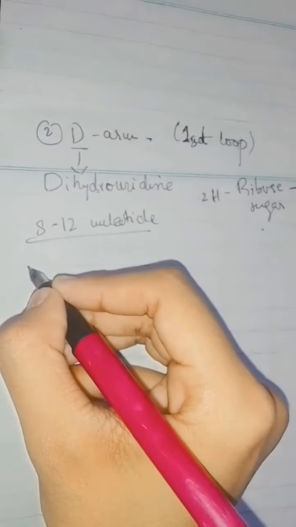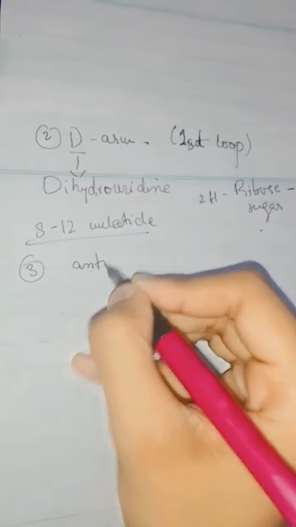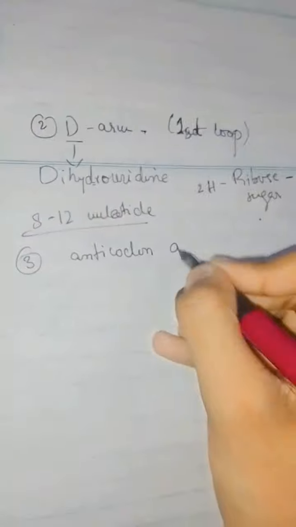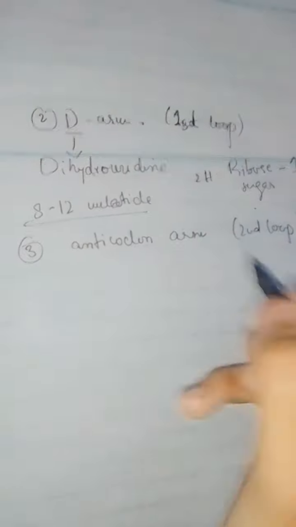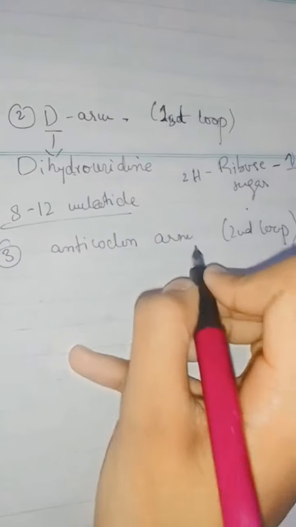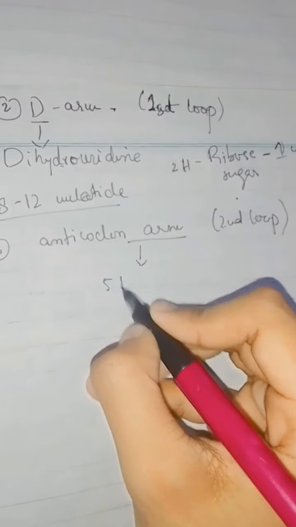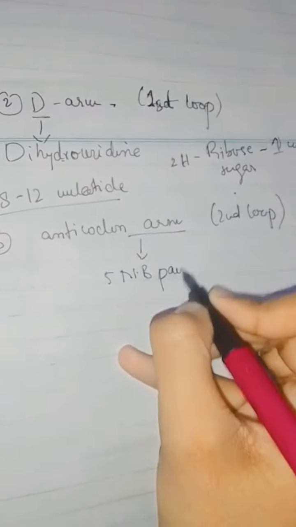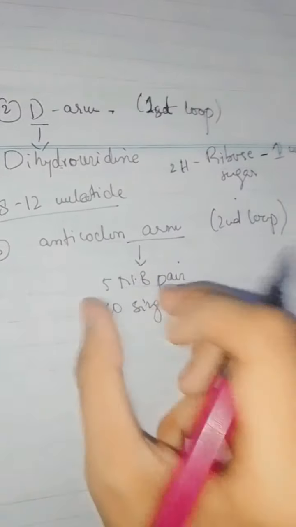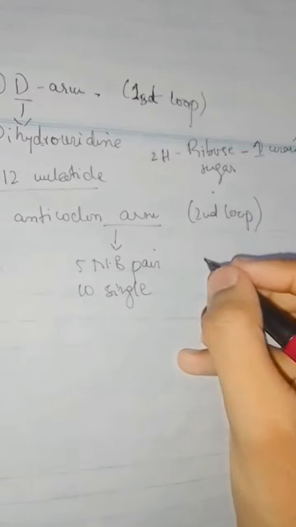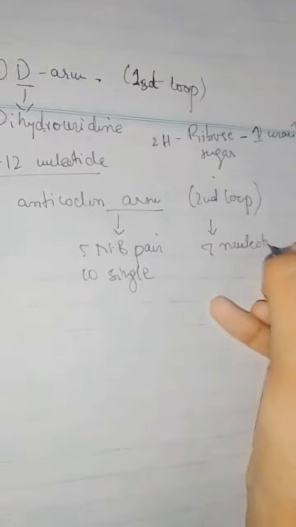Now the third one, that is the anticodon arm. The anticodon arm has a second loop. The arm is made up of 5 nitrogenous base pairs, so single it has 10, but in pair it has 5, and in the loop there will be 7 nucleotides.